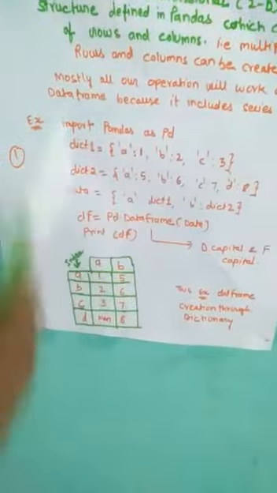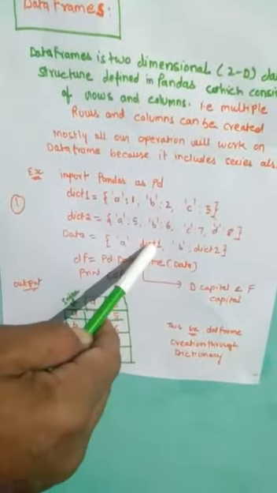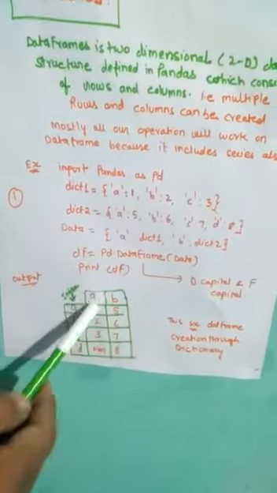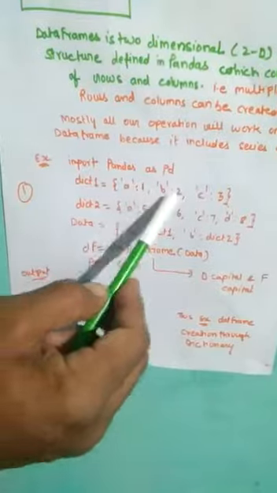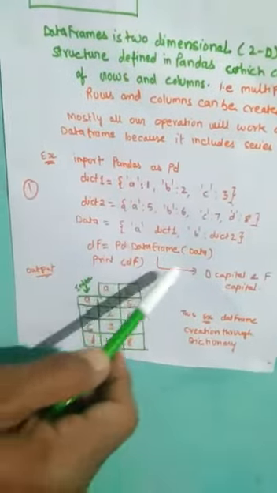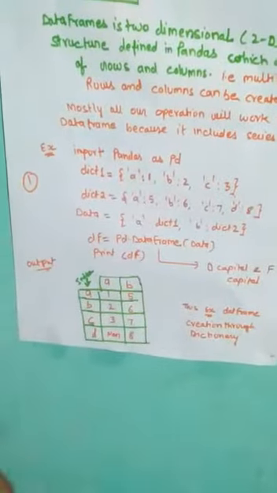When we execute this, we get the output for A index dictionary 1. So whatever is in the A column, all the values mentioned in dictionary 1, 1, 2, 3, will display. Similarly, for B index dictionary 2, the values 5, 6, 7, 8 will display.